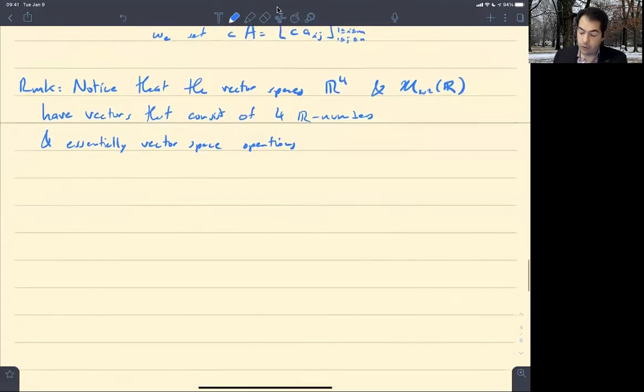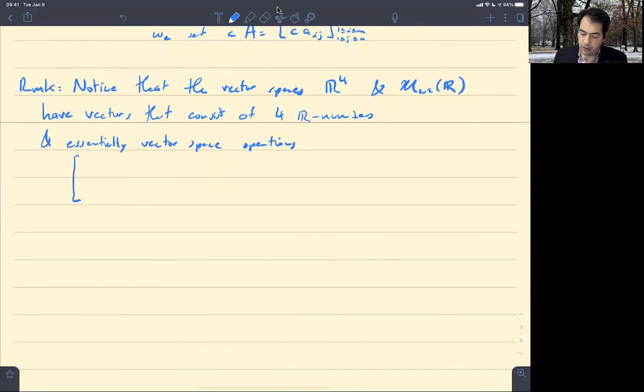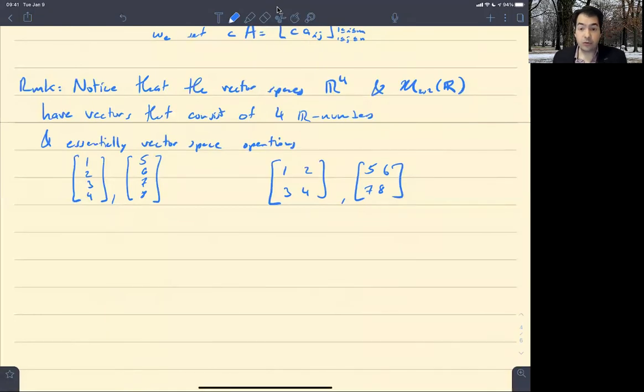Right, so if I give you the vector 1, 2, 3, 4, and the vector 5, 6, 7, 8 in R4, or I give you the matrices 1, 2, 3, 4, and 5, 6, 7, 8 in the 2 by 2 matrices over the real numbers, then the vector addition is going to give you another vector or another matrix, but you're going to have the same 4 numbers in either case.